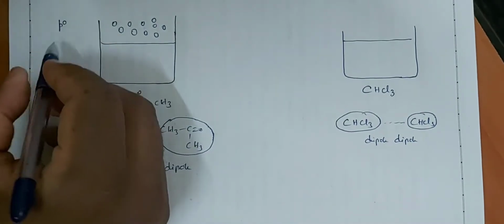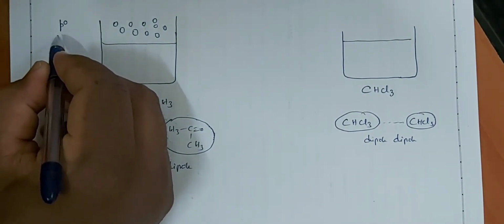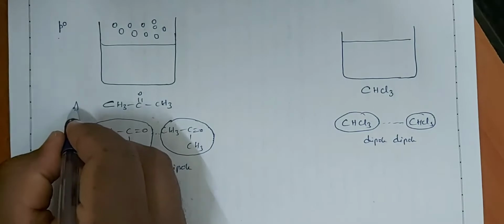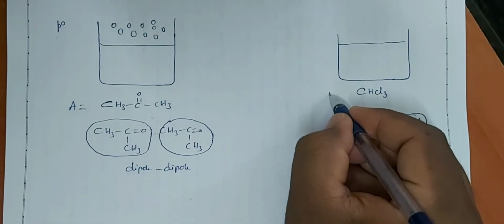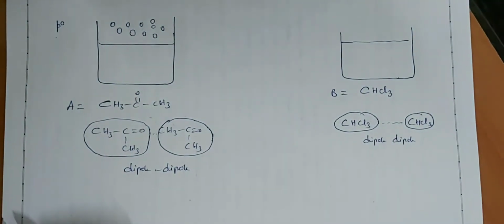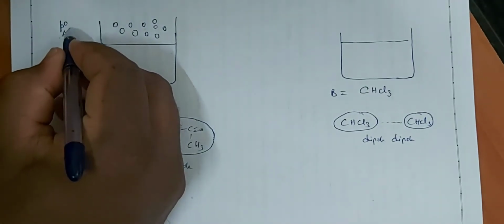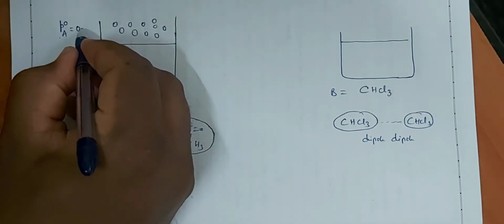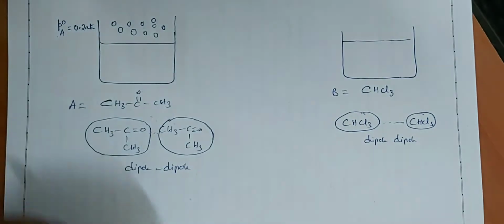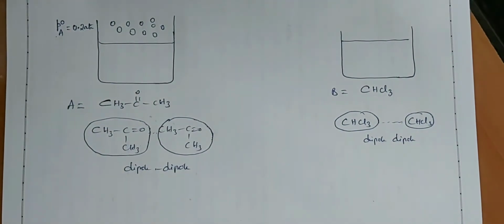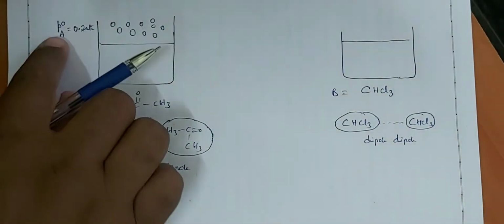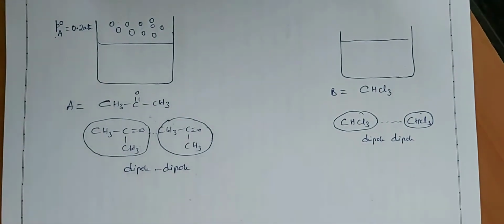We can expect P naught of acetone. Let A is equal to acetone and B is equal to chloroform. Then P naught of A is equal to 0.2 atmospheres, because of this dipole-dipole forces.